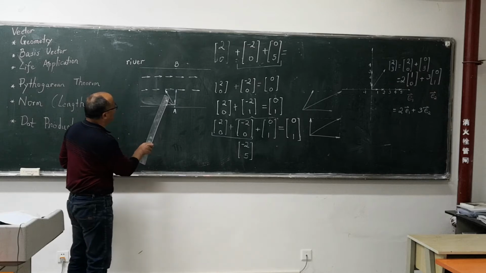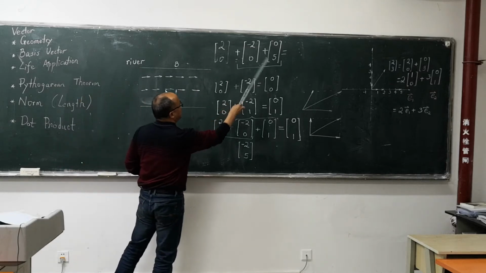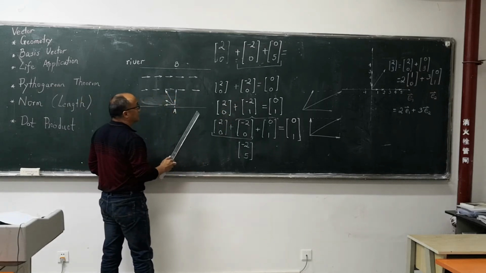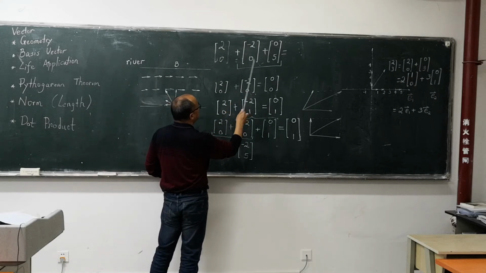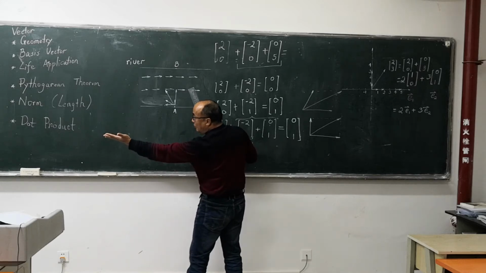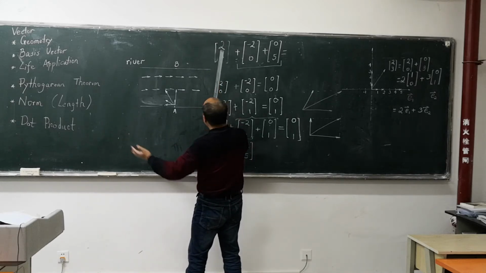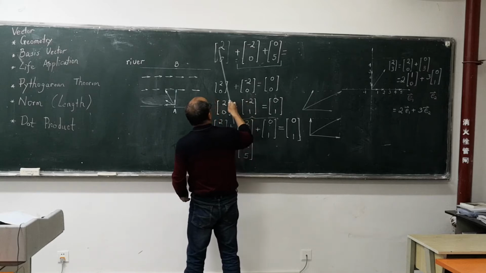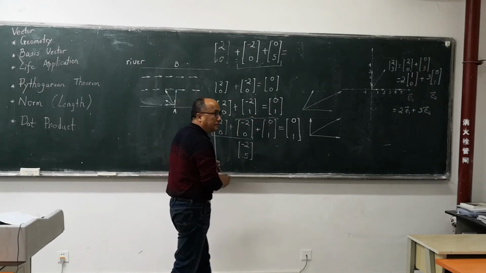Now we look at this as two parts. Why do we want to look at it as these two parts? We want the component in that direction and the component in that direction. And this one and this one cancel out.